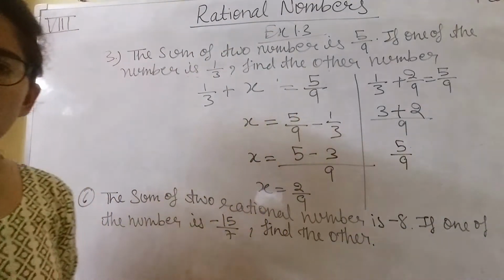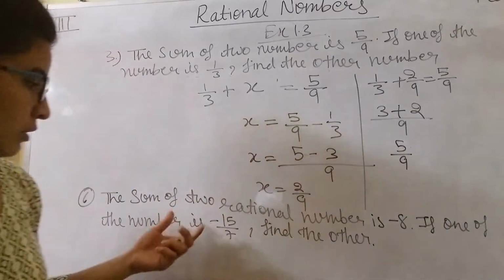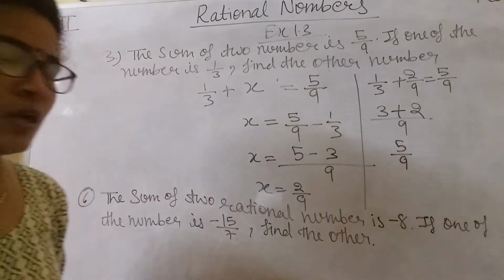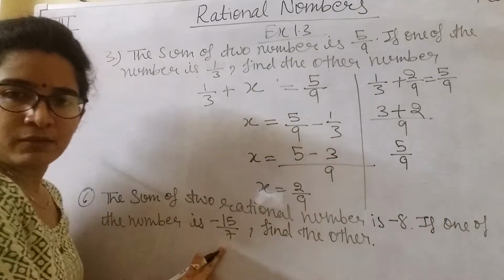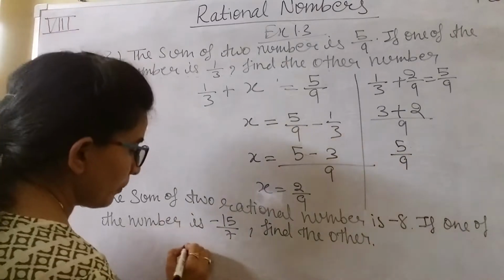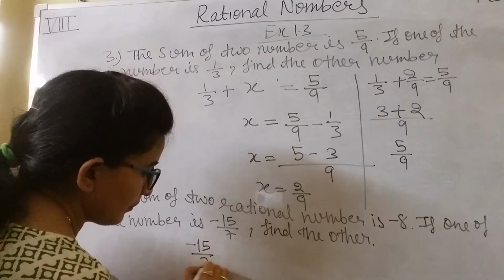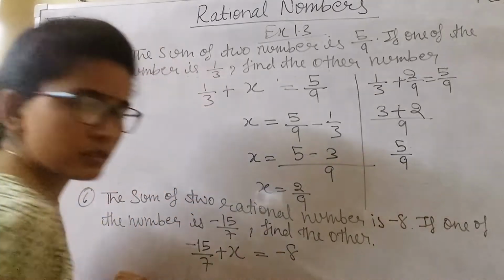Now again, according to the question, it is given that the sum of two rational numbers is minus 8. So the first number is minus 15 by 7. So we consider another number as x. So minus 15 upon 7 plus x will be minus 8.